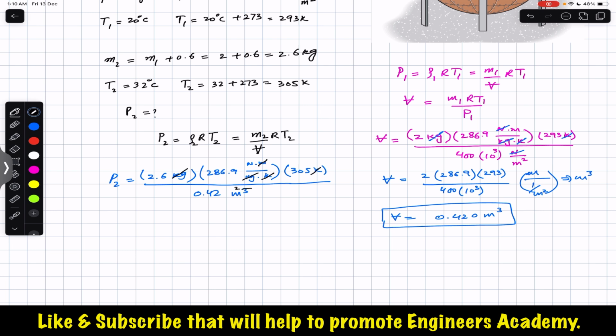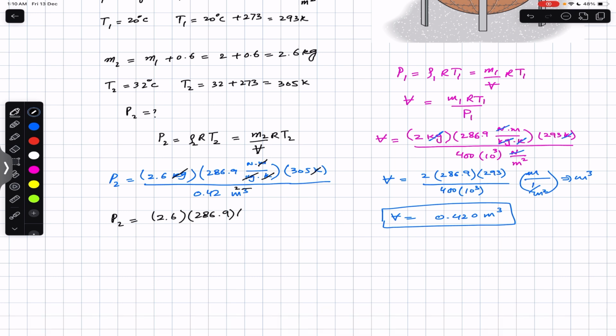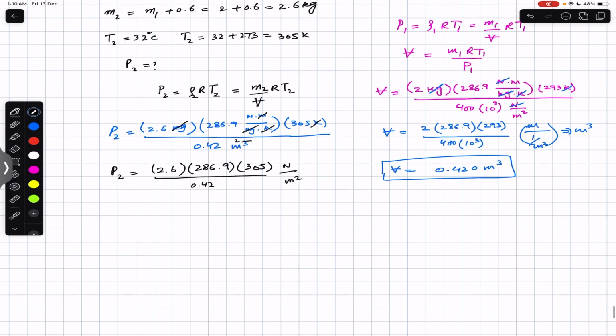So P2 is equal to 2.6 into 286.9 into 305 divided by 0.42, and in the numerator we have Newton, and in the denominator we have meter square, which is Pascal, right? So Newton per meter square is Pascal.